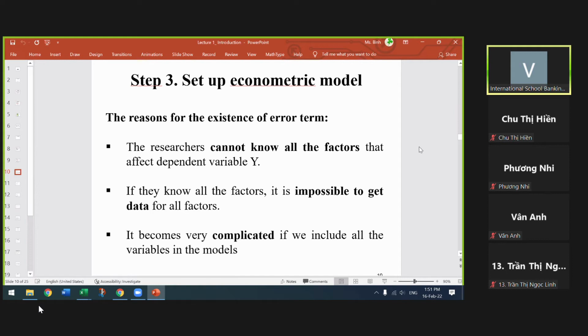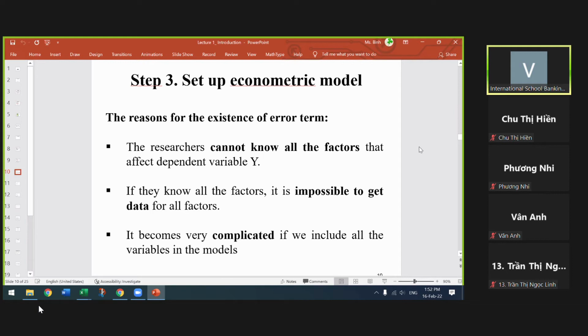So normally we don't include too many variables in the model because it is too complicated to analyze. Normally we just focus on some main factors.